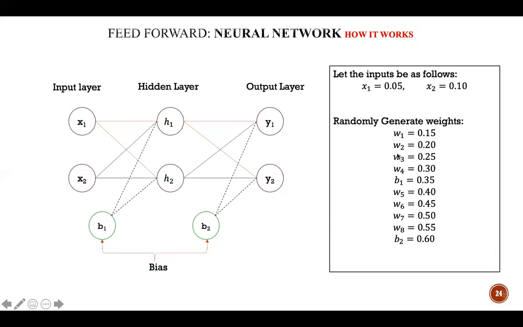Okay, so these are the weights that we have, weight W1, W2, W3, all the way to W8. And you generate your biases to be these two numbers, 0.35 and 0.60. Okay. So these are the numbers that we have generated from scratch.